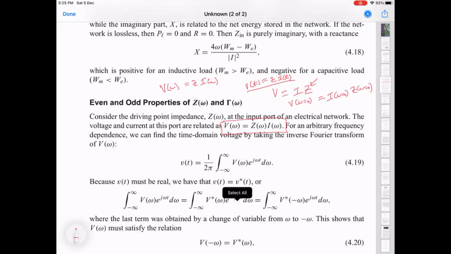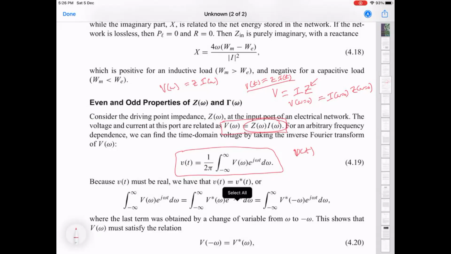Especially when you look at this equation and you're like, wait a second, now I'm talking about Fourier transforms. When you connect this, it becomes a question of how do I compute v of t in general, right? Given these I of omega and Z of omega, it's not just a simple multiplication anymore.